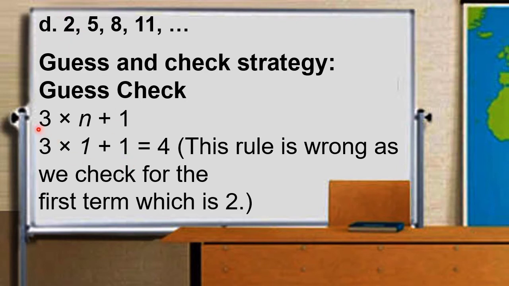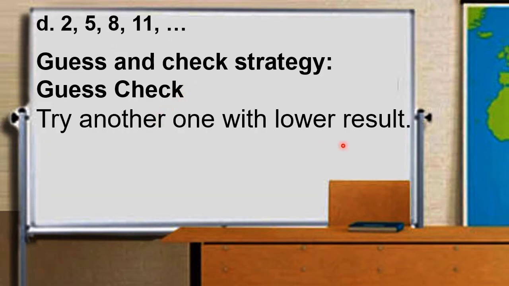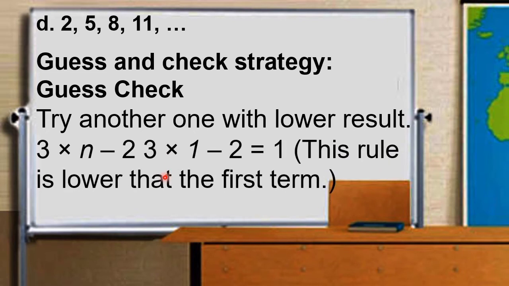So, ibig sabihin, mali yung 3 times n plus 1 na nth rule para sa ating given sequence. Let's try another one. So, try another one with lower result kasi yung result kanina ay 4. So, we have 3 times n minus 2.